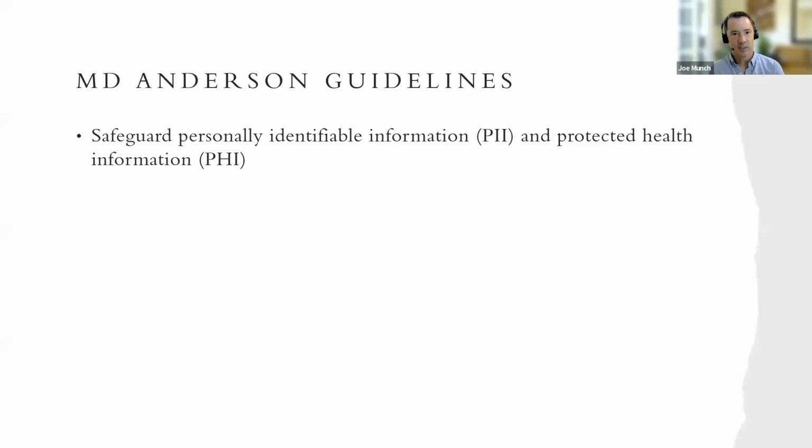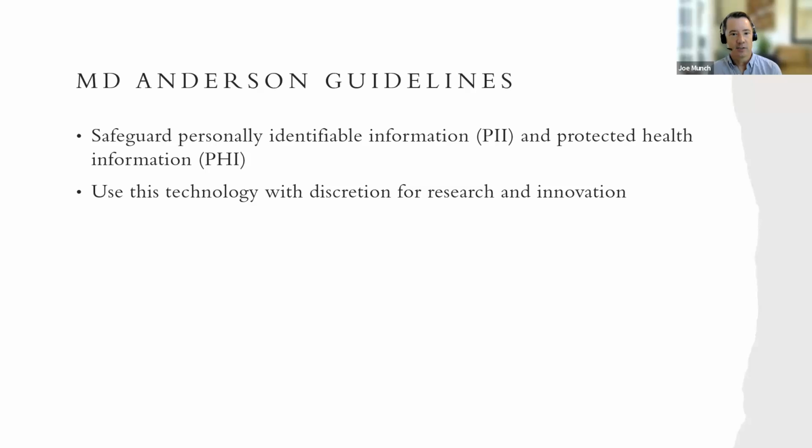So there's a potential that whatever you put into that tool is going to be out there for somebody else to see. So don't put PHI, personally identifiable information, or intellectual property information into these kinds of tools.